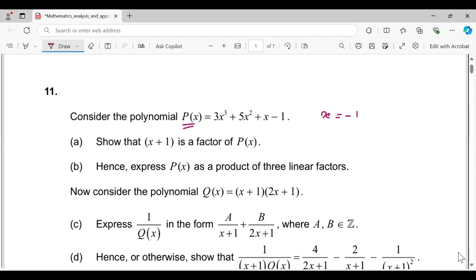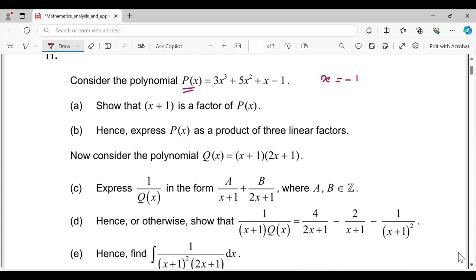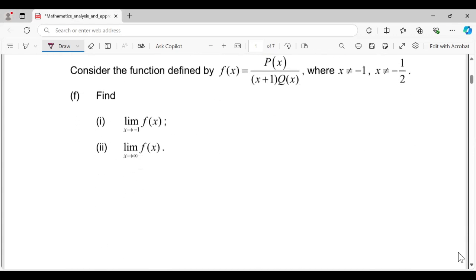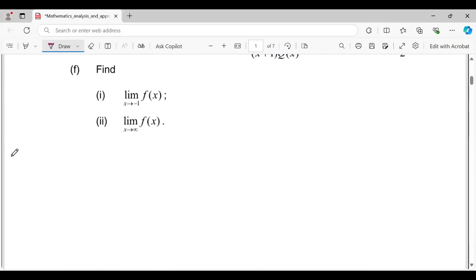So p(x) equals 3x cubed plus 5x squared plus x minus 1.